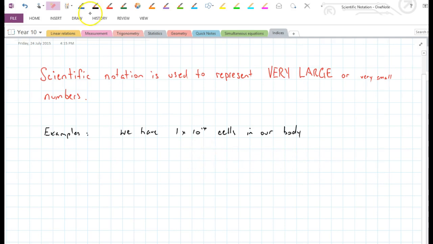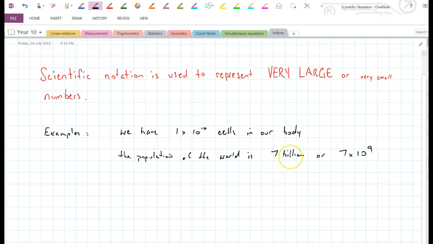1 times 10 to the 14. Okay, what's some more examples? That's a large number. The population. What's the population of the world? Well, the population of the world is 7 billion, thereabouts. Or we could write that as 7 times 10 to the power of 9.